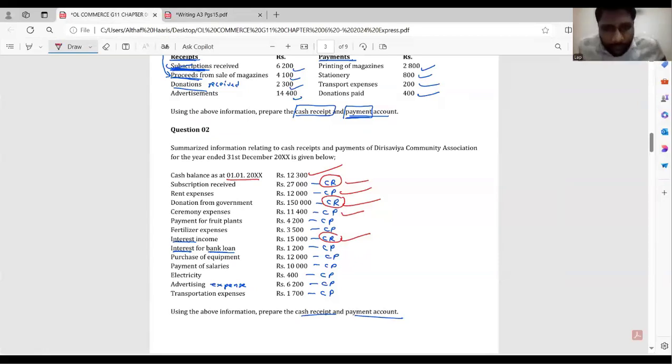Then next you have payment for fruit plants 4,200.